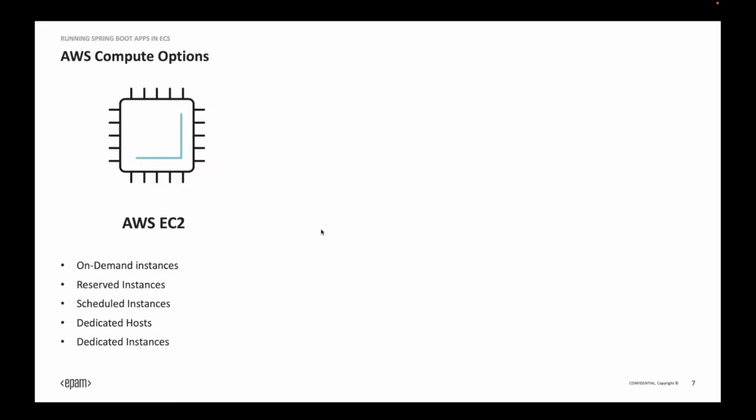In this case, you can say that this virtual machine, or even this piece of hardware, is dedicated to me only, and I will host all my software on particular hardware because I need to connect, for example, my hardware key with this instance. So you can also ask Amazon to provide you with a dedicated host or dedicated instance.